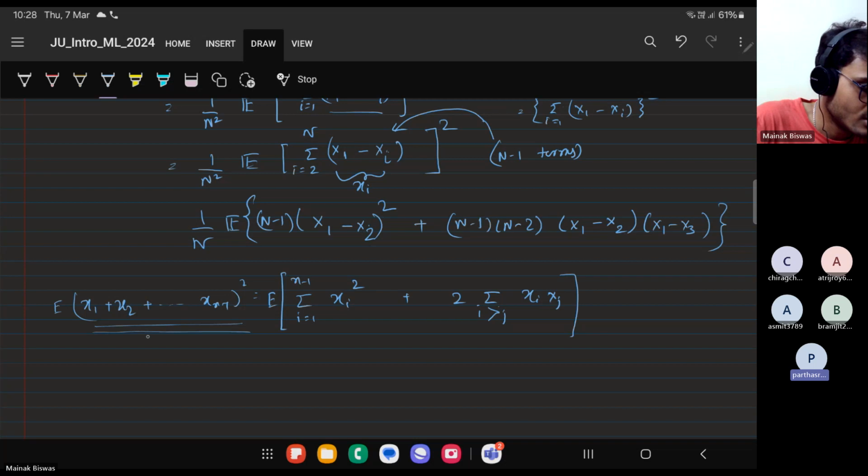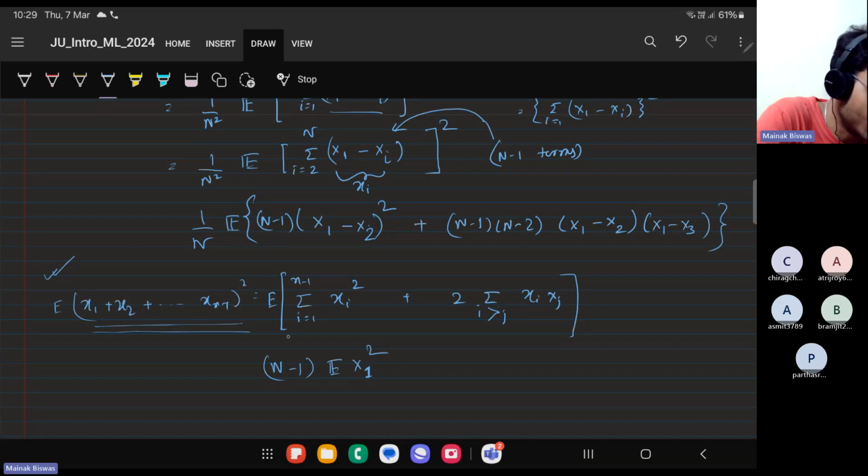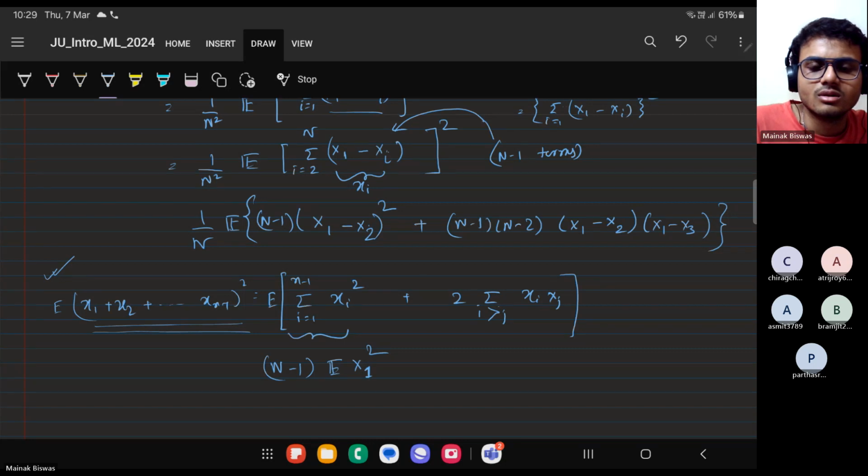This one, all the squares, this line. So by linearity, what will you get? First term, linearity. n minus 1 terms are there or not? What is the issue here? Linearity you cannot use?